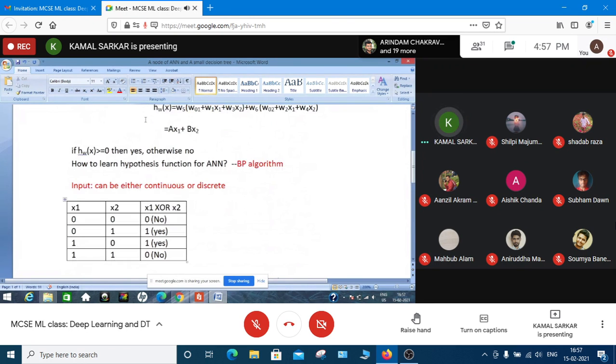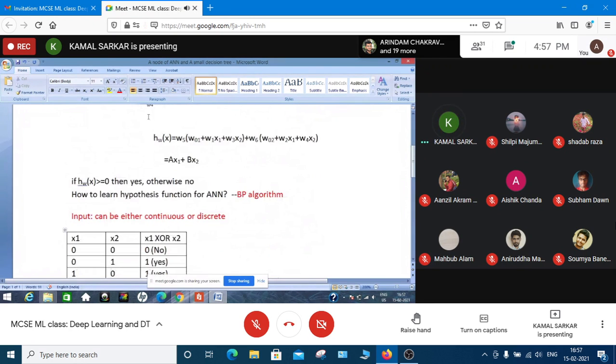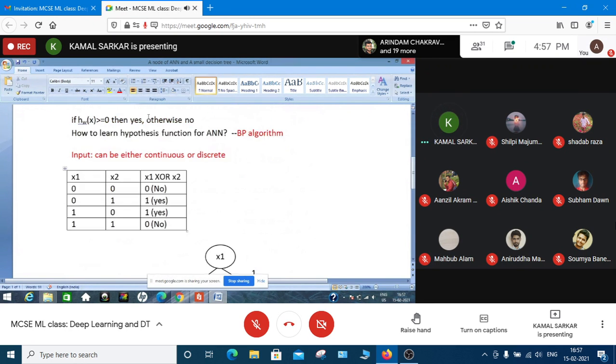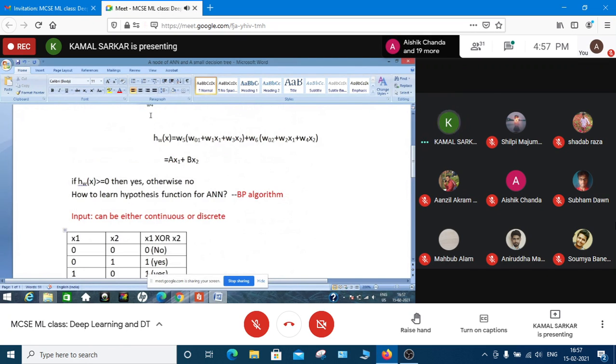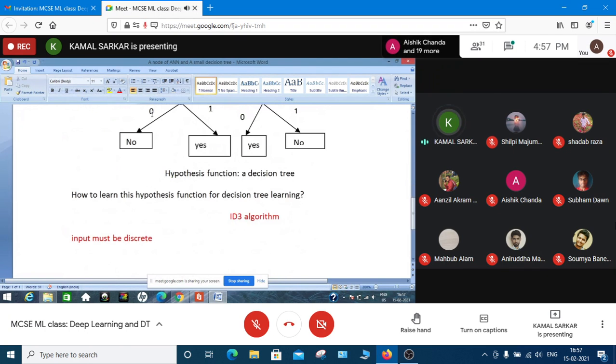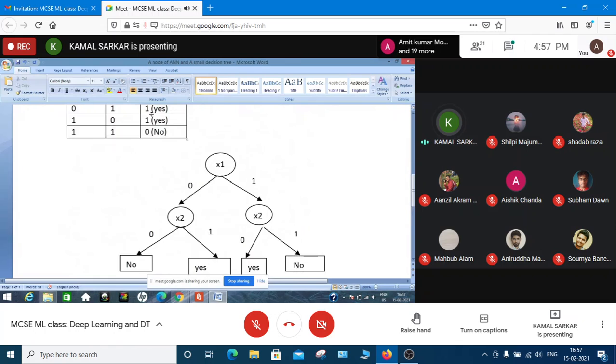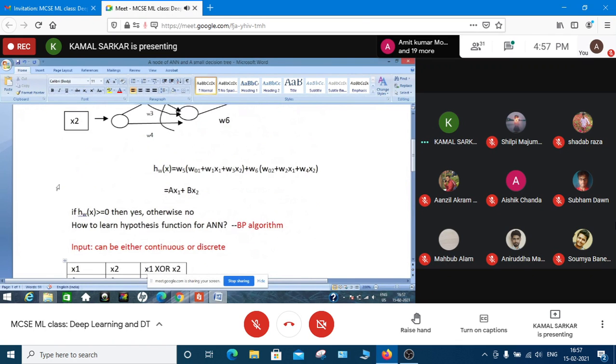Now so far it looks like the ANN algorithm is superior to decision tree learning. But one important point is that in the case of ANN, what is inside the hypothesis function is not visible at the time of taking the decision.